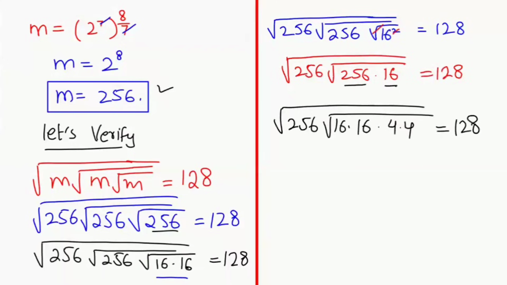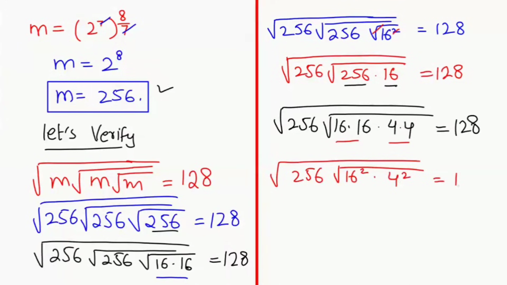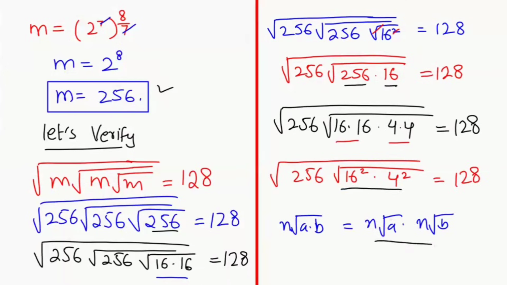And I am going to write this in the form of power. So I write here 256 and root of 16 to the power of 2 times 4 to the power of 2 is equal to 128. Now here I am going to use the radical property: root of a times b can be written as root a times root b. Here I express this separately.